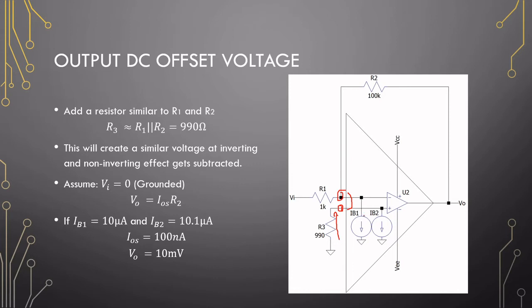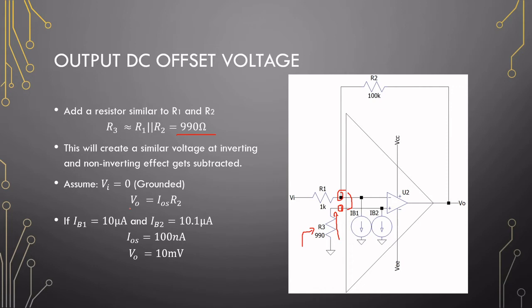Okay, so this current source causes a voltage and this current source causes a voltage, and if we can have the voltages equivalent, we can get rid of the output offset voltage due to this. Okay, so since the current of IB1 is flowing through both R2 and R1, we can apply a parallel combination of the two in the position of R3. Okay, so now they can create similar voltages and be subtracted.